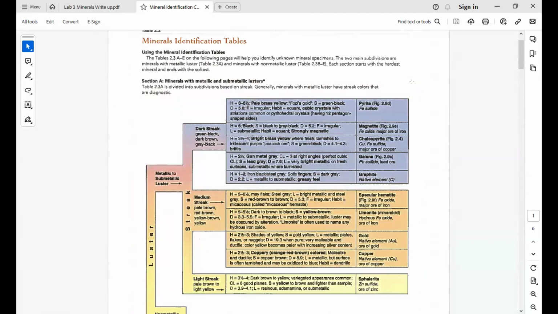All right, so you're going to want to have them open on your computer when you're doing the lab so that you can refer to them. I'll be going back and forth between specimens and these pages, and you might want to look for them yourself, okay?